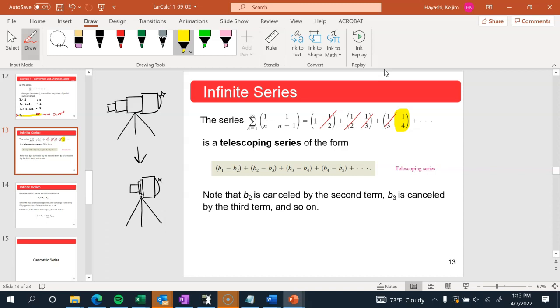So the condition for the convergence of a telescoping series like this is just that whatever the last bit is at the end is something finite, as opposed to something that just keeps growing to infinity.